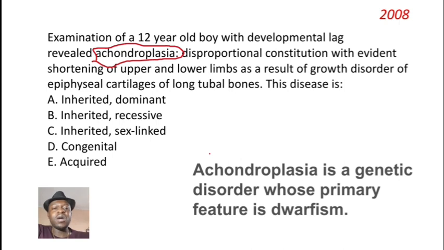So how do children get this? It's actually inherited. That's the first part, so acquired and congenital are already wrong answers. It's not sex linked because it can affect both sexes, both boys and girls.